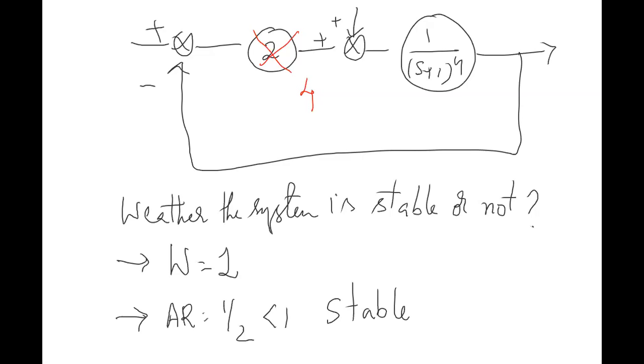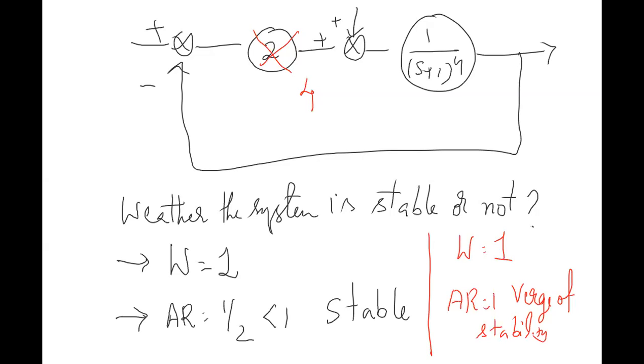In this question you get omega equal to 1, but your amplitude ratio is exactly equal to 1. That is why you call it the verge of stability. Clear?